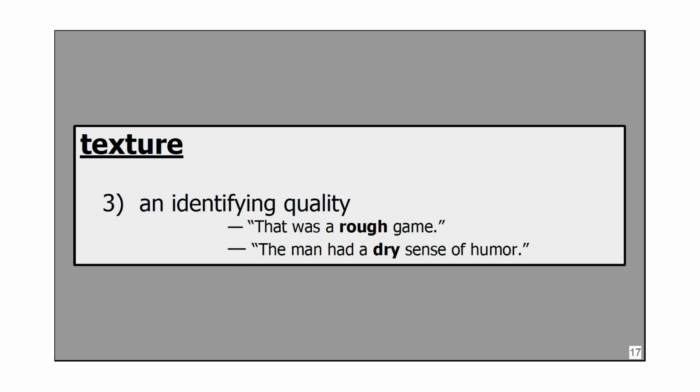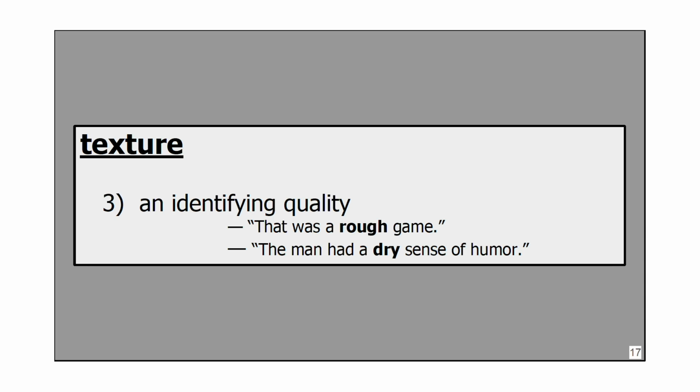We use the word feeling to describe information that we receive through touch, but we also feel things at an emotional level. Our feelings, or our feelings about things, are sometimes described with texture words.